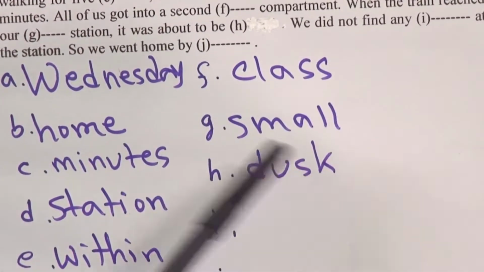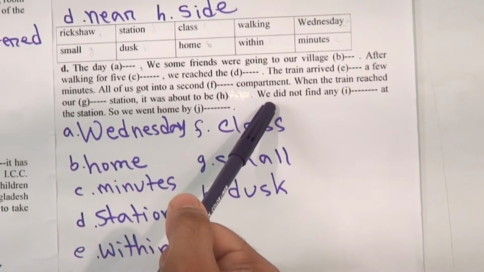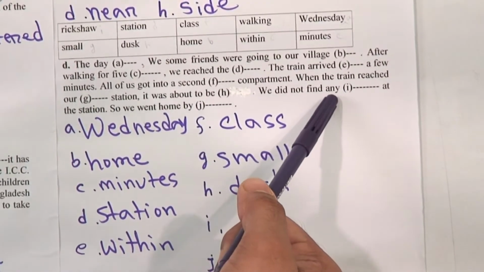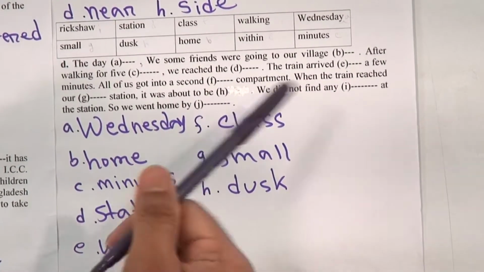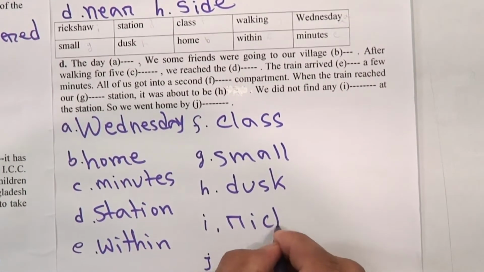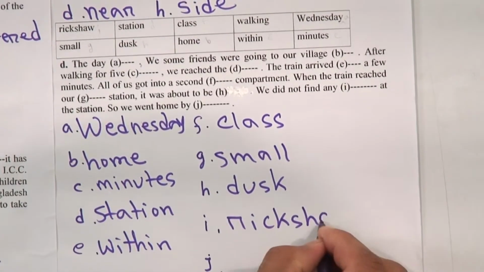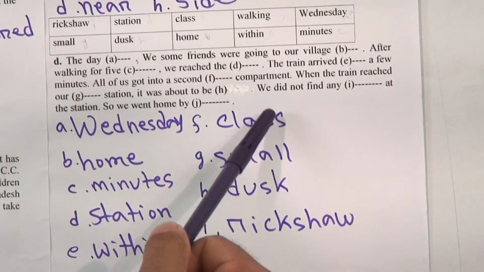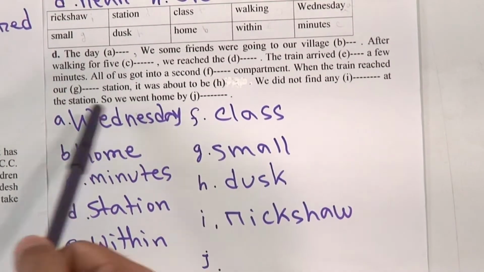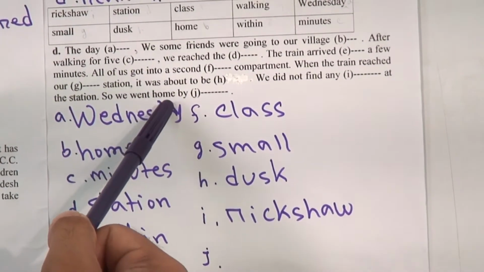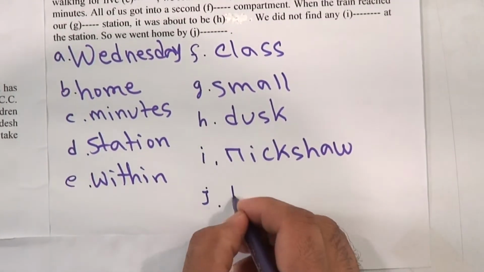It was in the evening time. We didn't find any rickshaw there. Then what happened? We didn't find any rickshaw at the station, so we went home by walking.